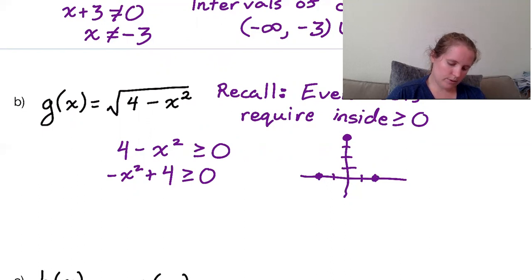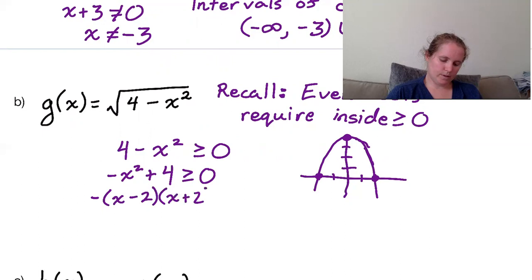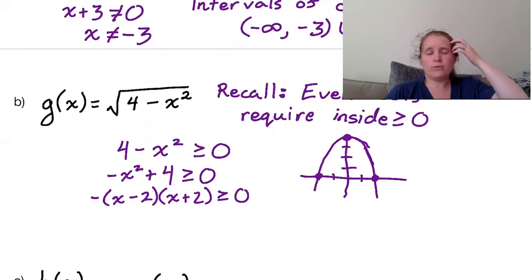So we're looking at our upside down parabola. If we wanted, we could factor this. We have negative x minus 2, x plus 2, looking for where that is greater than or equal to 0. So this happens on the interval from -2 to 2.